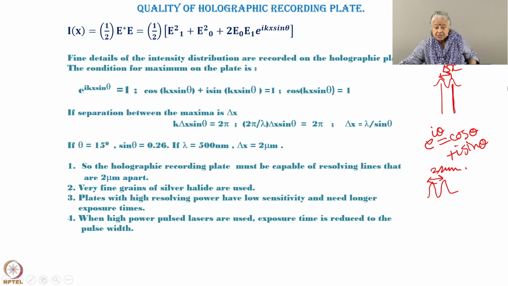You know, it won't smudge into one grain and the other. Suppose the grain is here, this is not smudged onto this or smudged onto that. They should be distinct, this silver halide. Only if it is distinct, then you are getting an accurate picture of the interference pattern.